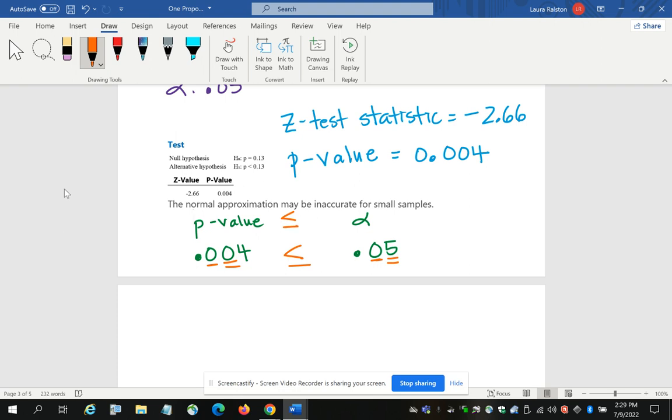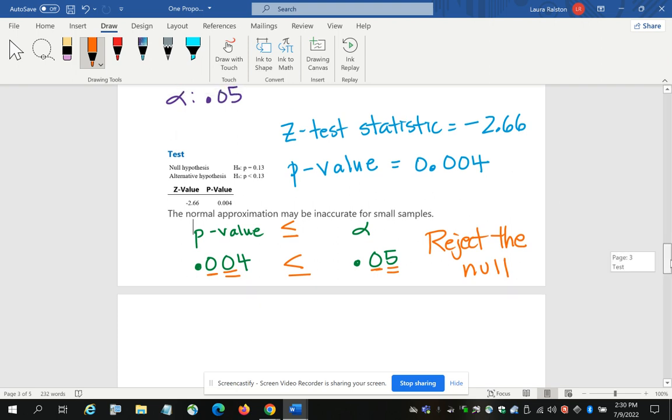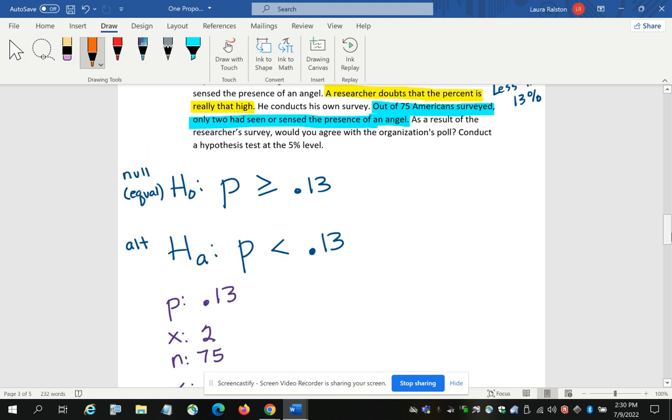When p is less than or equal to alpha, we reject the null. If we reject the null, that means the null is false and the alternative is true.